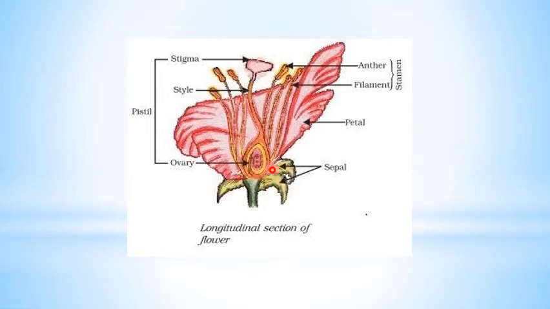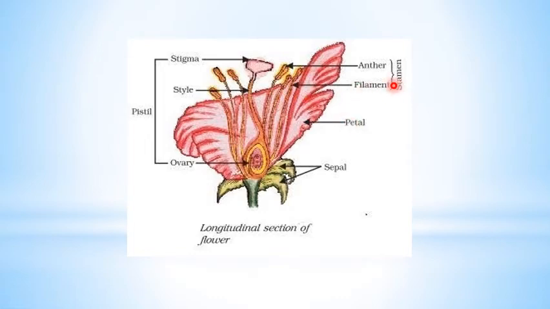The outermost is the calyx, that is the sepal. One unit of the calyx is known as a sepal, followed by the bright colored corolla, that is the petal.